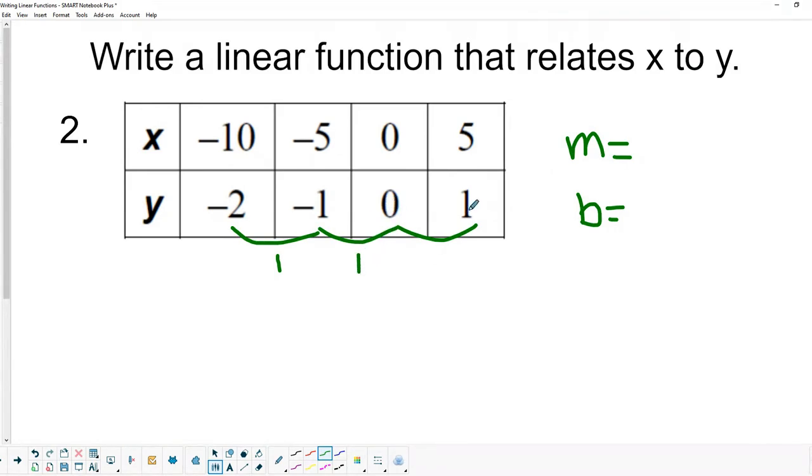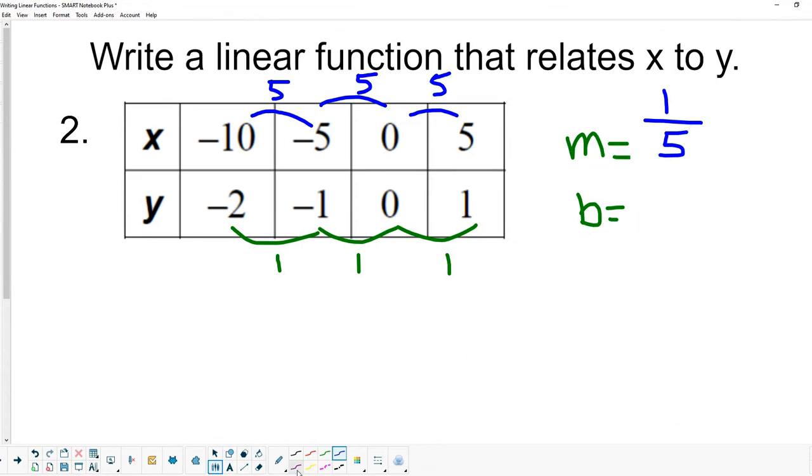To go from 0 to 1, an increase of 1. How about the change in x? To go from -10 to -5, that's an increase of 5. To go from -5 to 0, that's 5. To go from 0 to 5, that's an increase of 5. So the change in y is 1. The change in x is 5.